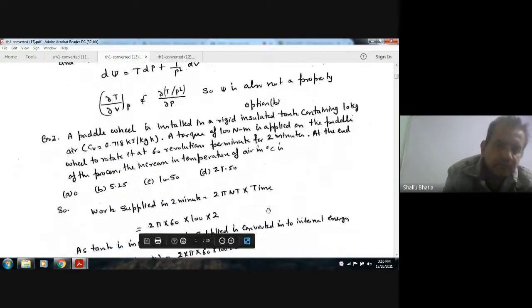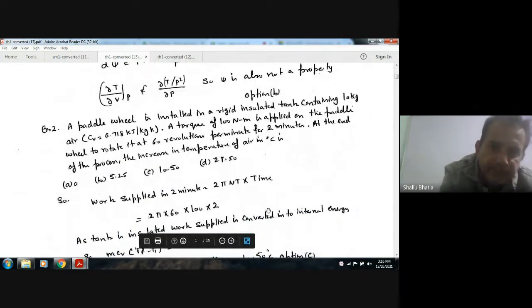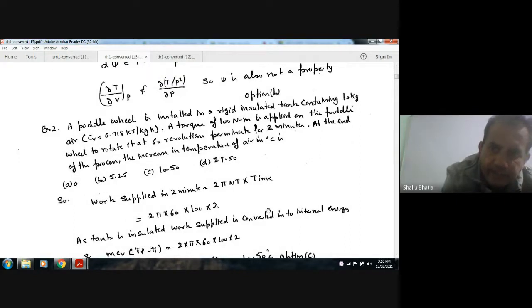Next, a paddle wheel is installed in a rigid insulated tank containing 10 kg air. Cv is equal to 0.718 kJ per kilogram per Kelvin. A torque of 100 Newton meter is applied on the paddle wheel to rotate it at 60 revolutions per minute for 2 minutes.